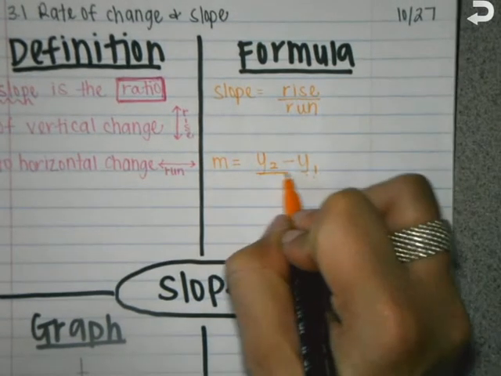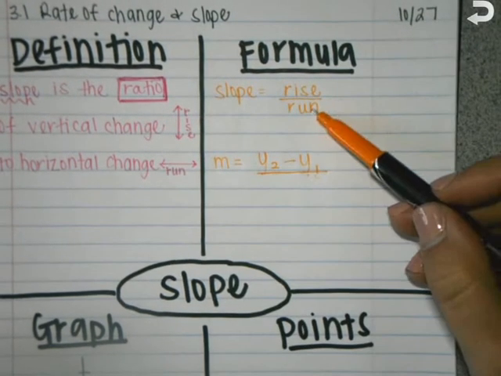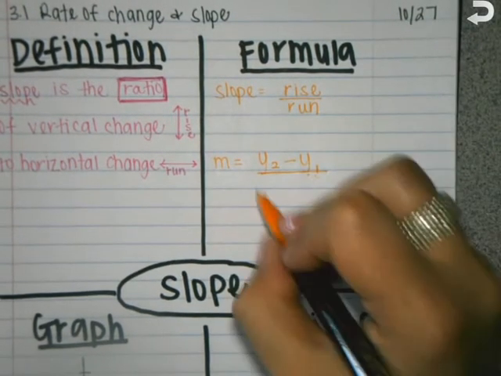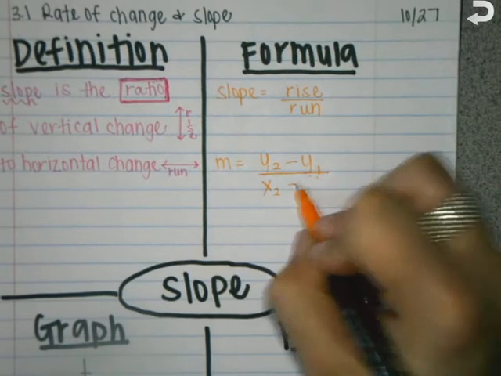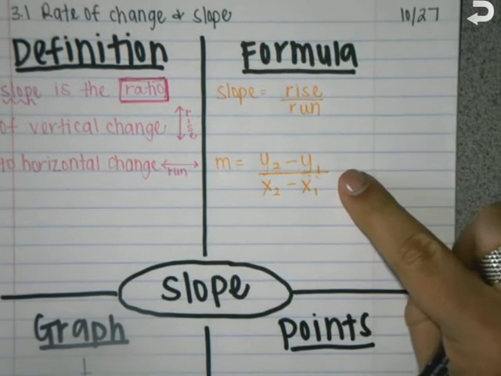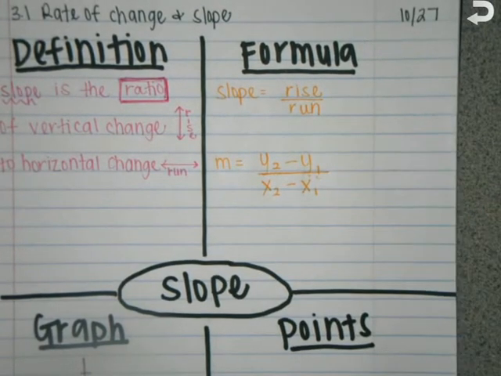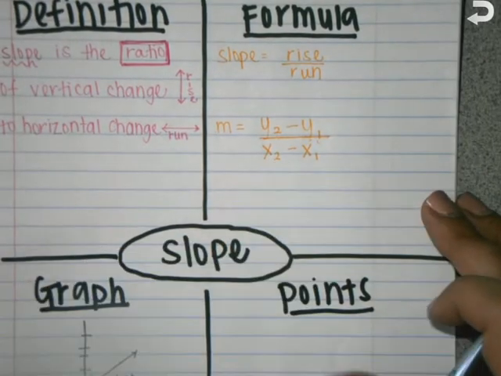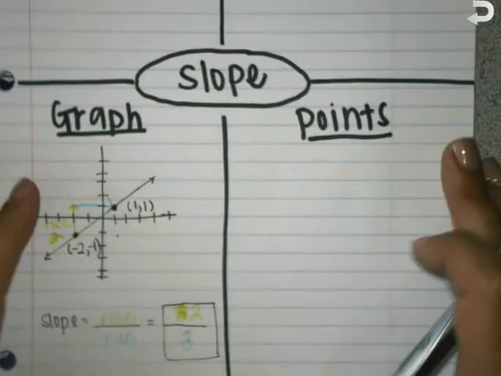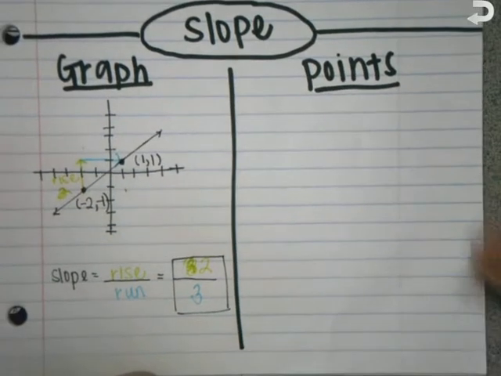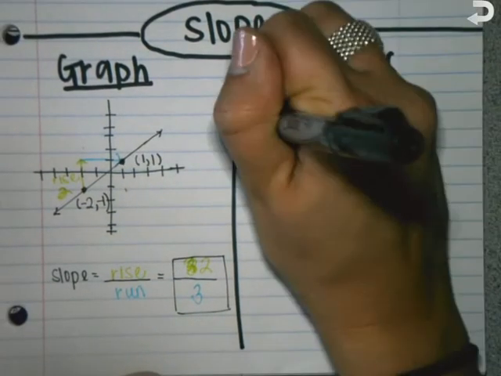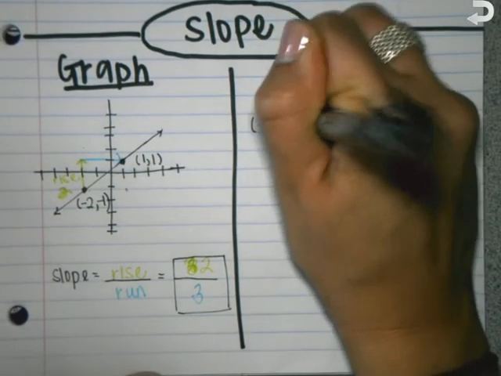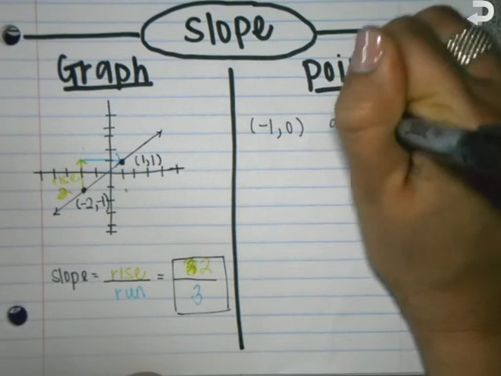Over my run, which is my x value, so it's going to be x2 minus x1. That's your slope formula. So you can use this slope formula to calculate the slope without having to graph it at all. So we're going to calculate the slope between 2 points, -1, 0, and 3, -2.